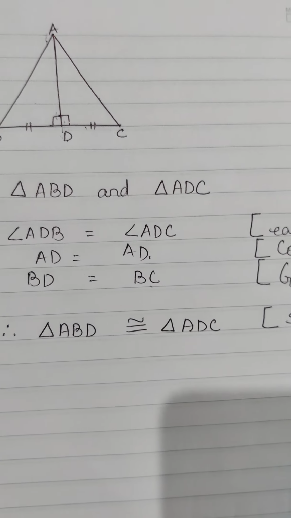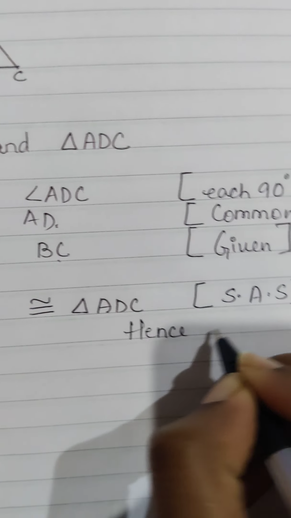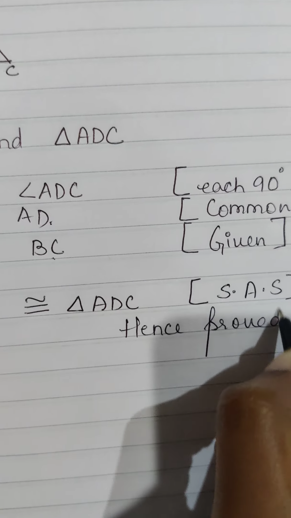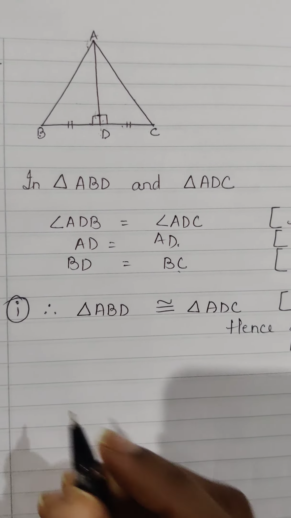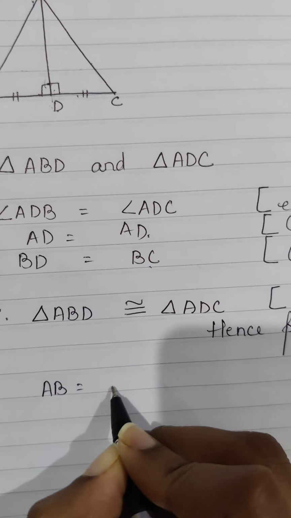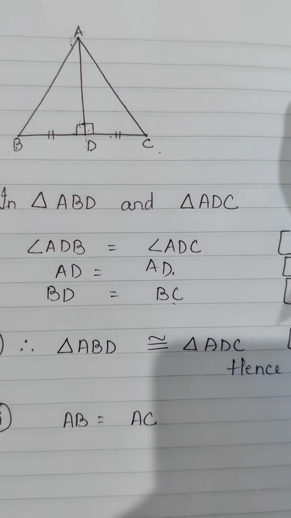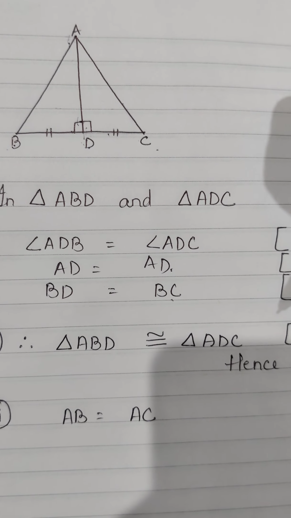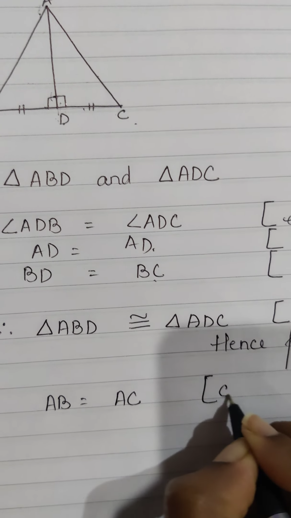Okay. Hence, proved. This was the first thing which we have to prove. It is hence proved. We will write. This was the first part. Second part again, it has been given AB is equal to AC. We can write yes, obviously, because they are the corresponding parts of congruent triangles.